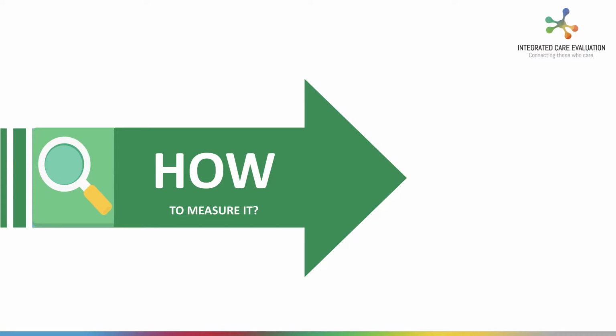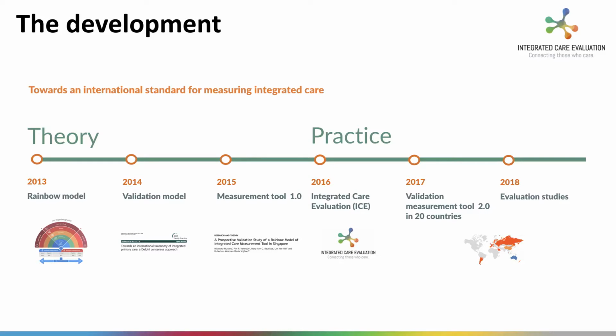So how do we measure it? Is it possible? Well, I think it's possible, but it took like 5 years to get here, which you see here. It's an overview of how we started. In 2013, we developed the rainbow model, which we tested in several expert panels, and we tried to develop the different underlying elements or enablers of the different bows of the rainbow model.